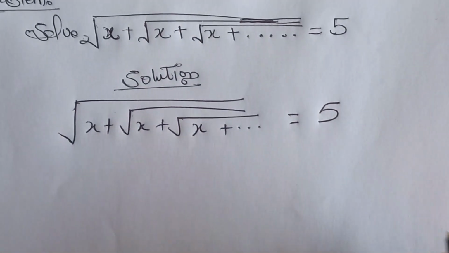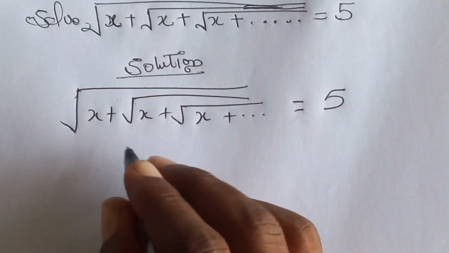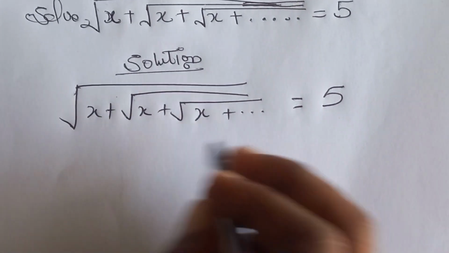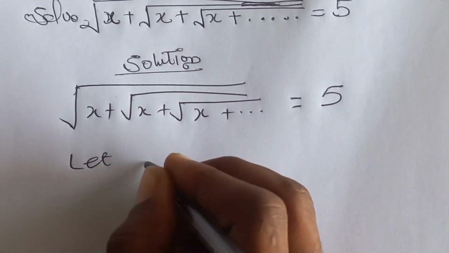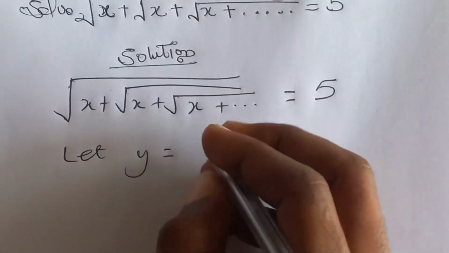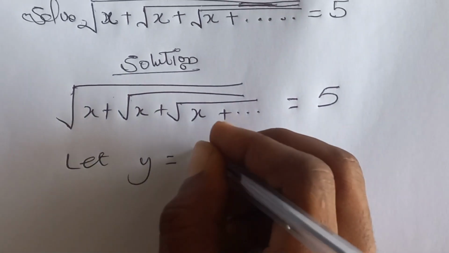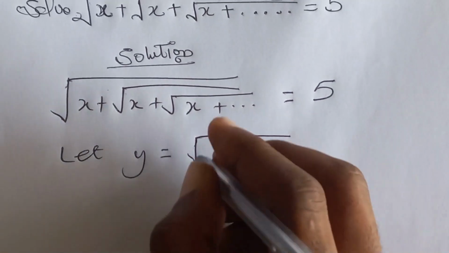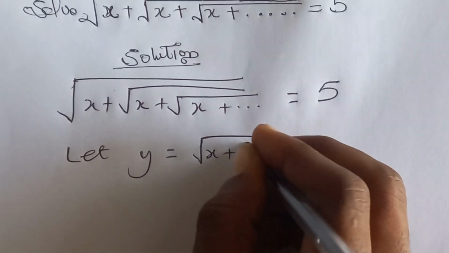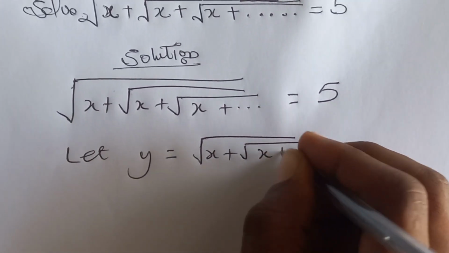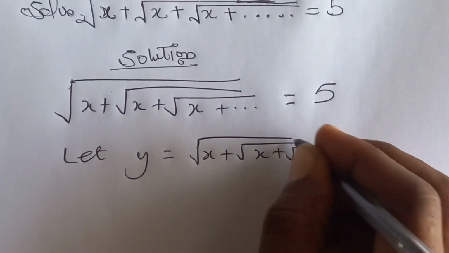With this, we let y be equal to the radical here. So let y equal the radical, which is root of x plus root of x plus root of x.